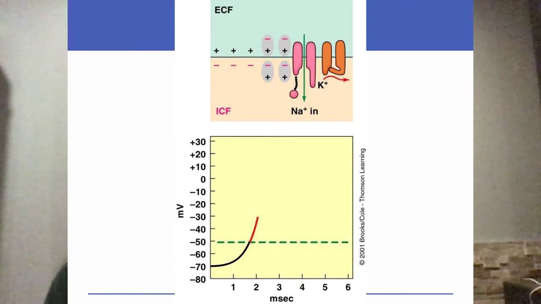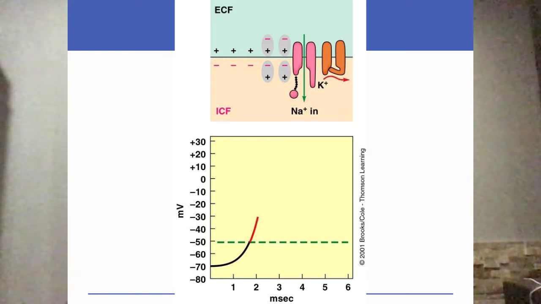Now you can see that sodium ions will pair with the negative ions, and it's actually causing the inside of the cell to become more positive. The outside of the cell is losing positive ions, so the outside is becoming slightly more negative. But you can see a rise in the graph. So we've just stimulated depolarization.